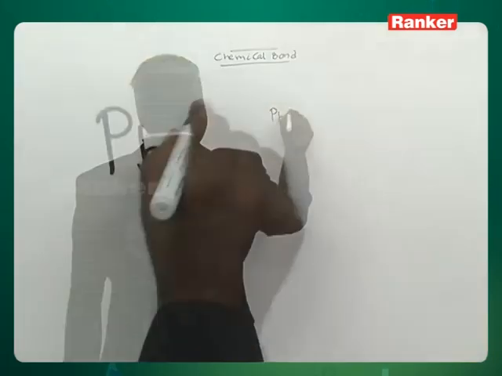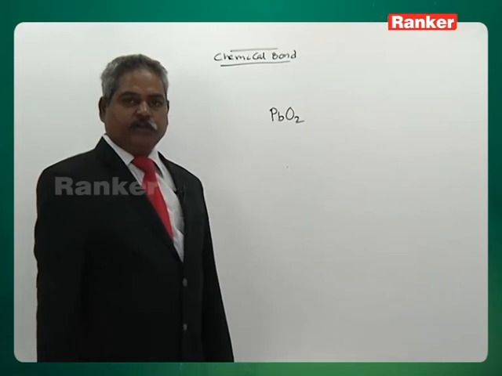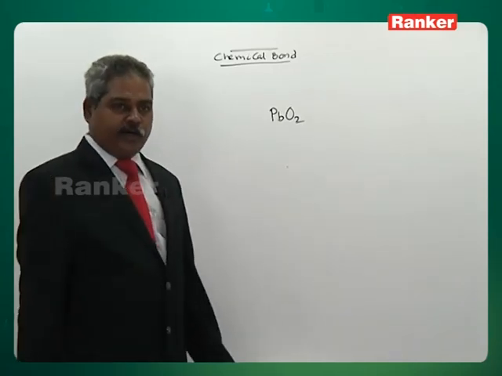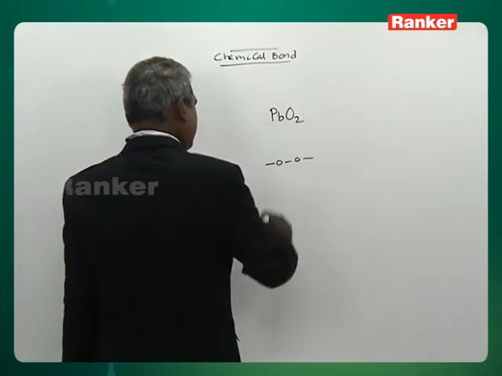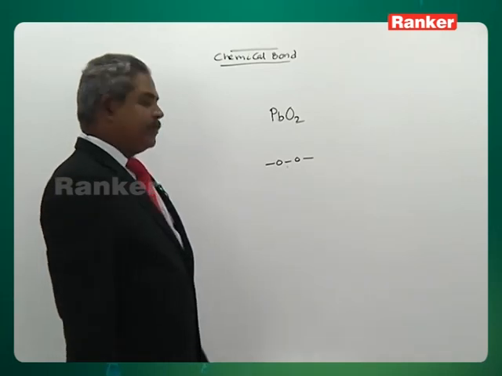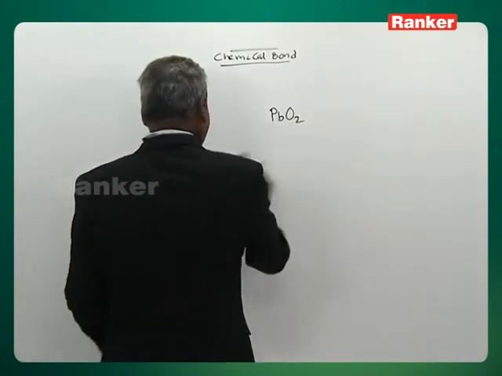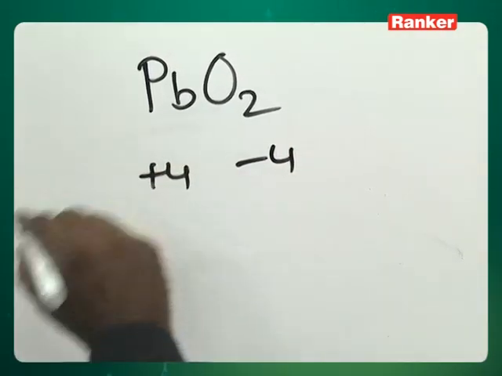PbO2. It was also called lead peroxide. In the old days it was called lead peroxide, but strictly speaking, it is not a peroxide, because a peroxide contains an oxygen-oxygen single bond. There will be one bond between oxygen and oxygen. PbO2: give -2 to oxygen, -4. Lead, +4.